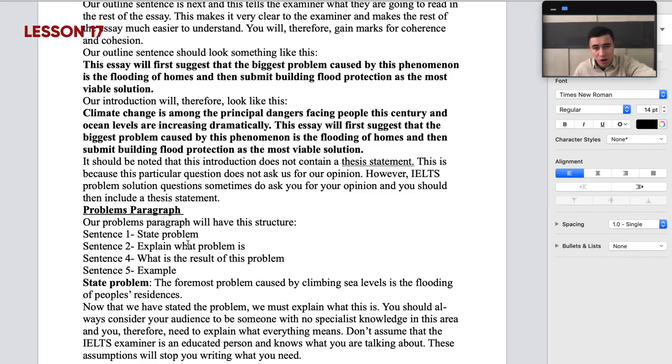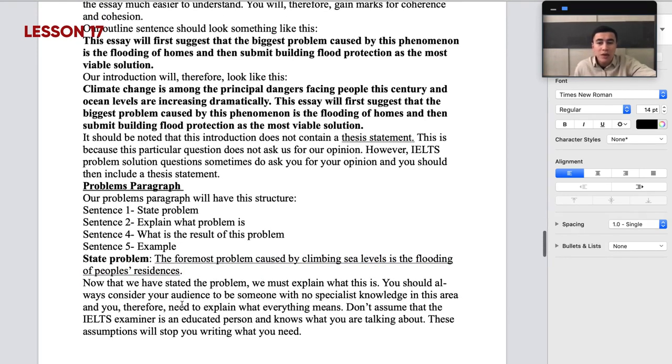The foremost problem caused by climbing sea levels is the flooding of people's residences. So this is our statement. Okay, we are stating the problem. Now we have stated the problem, we must explain what this is.